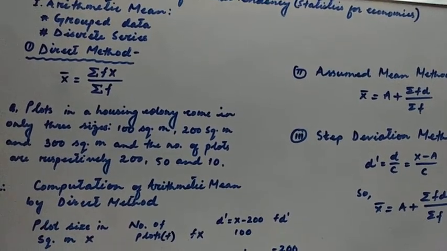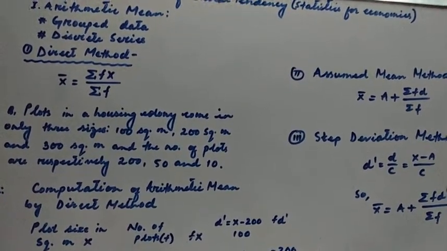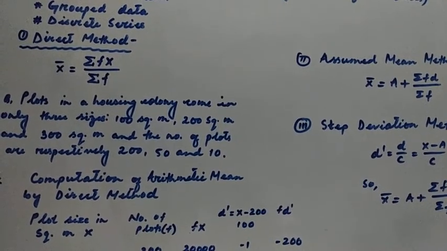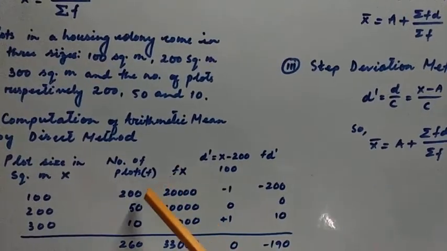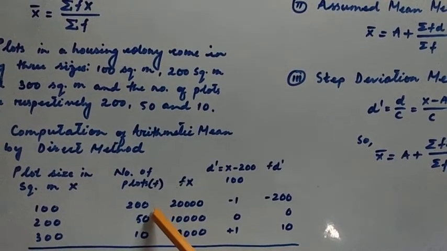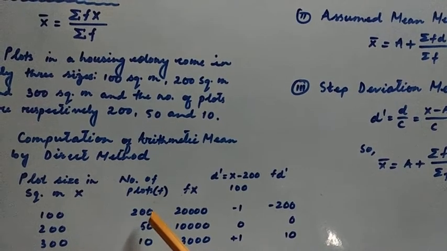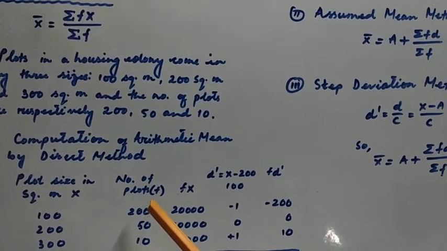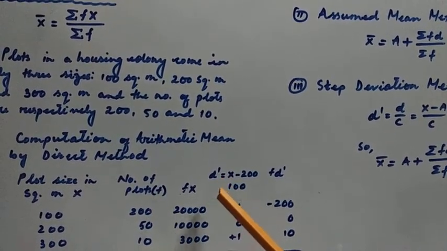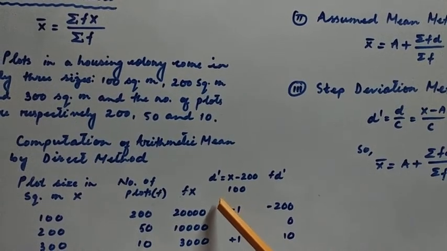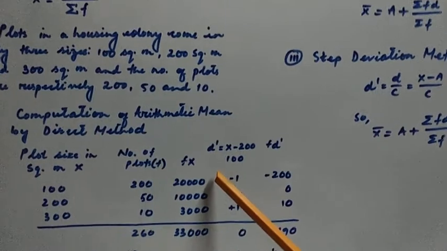As we have discussed earlier, with a simple modification, since the frequency of this item is given here, we multiply its deviation, that is d, by the frequency to get fd.